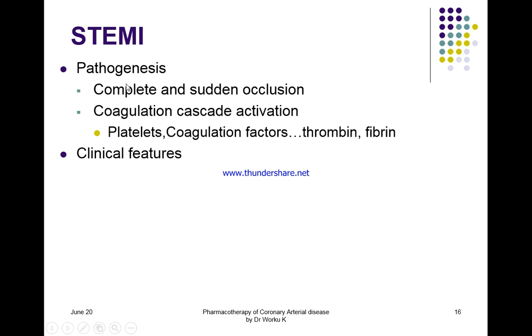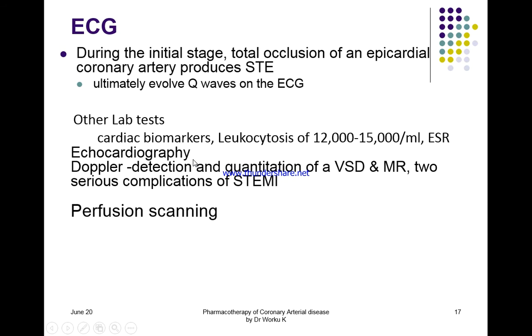ST elevation myocardial infarction: its pathogenesis is complete and sudden occlusion of the blood supply to the myocardium, with resultant coagulation cascade activation of platelets and coagulation factors, and the formation of thrombin and fibrin. Clinical features are almost similar to the previous non-ST elevation myocardial infarction and unstable angina, but a more severe form.